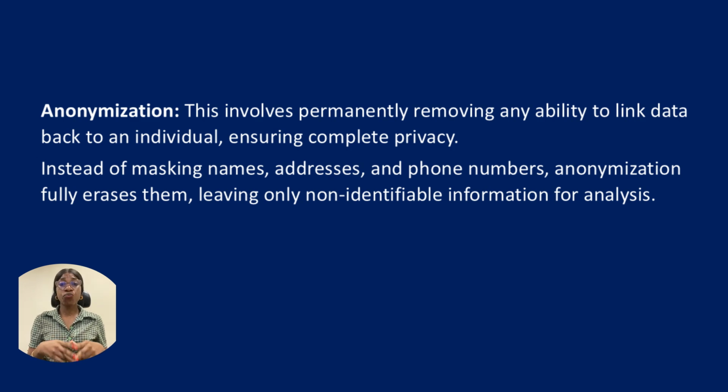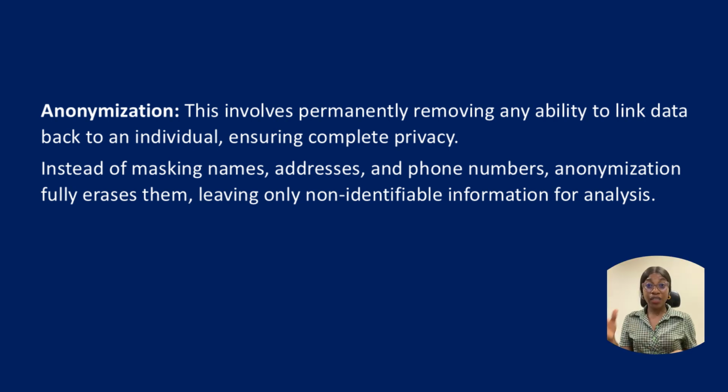Anonymization involves permanently removing any ability to link data back to an individual, just to ensure complete privacy. So instead of masking these names, addresses, phone numbers, anonymization fully erases them, leaving only non-identifiable information for analysis. So take, for instance, your company is collaborating on a research project with an external party to analyze customer transactions.